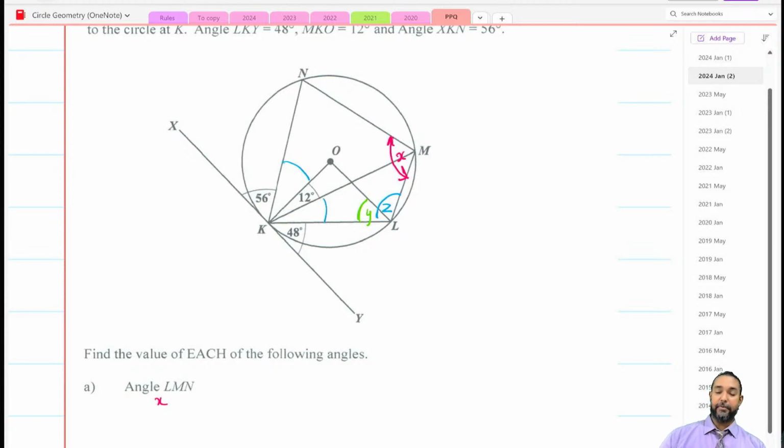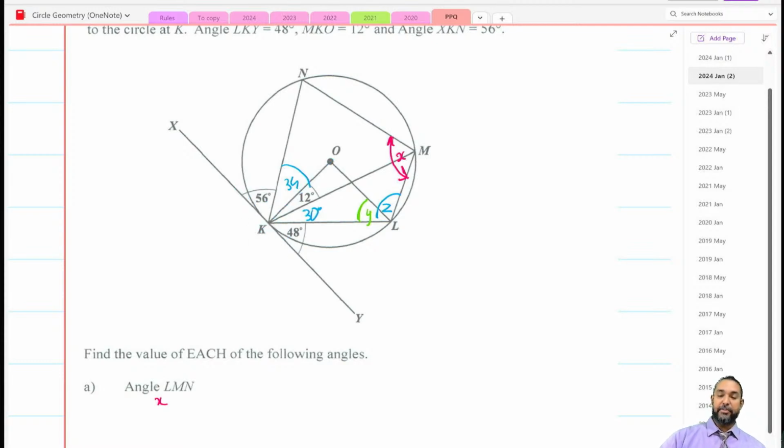Okay, if we could find those two angles on either side of the 12, which we can, because we already know that this whole thing is 42. So we know this is 30, right? And this one across here would actually be 34, because this is a radius, there's a tangent, and the angle between tangent and radius is 90 degrees.